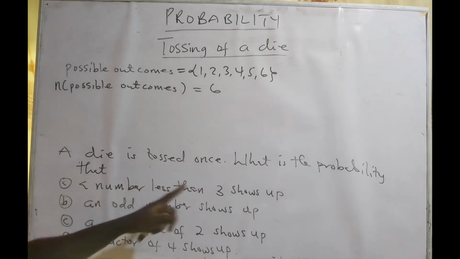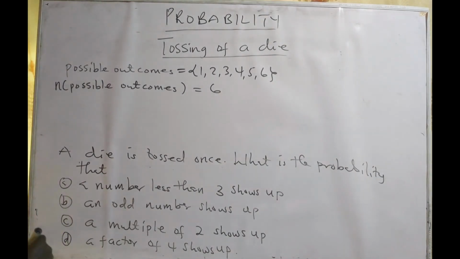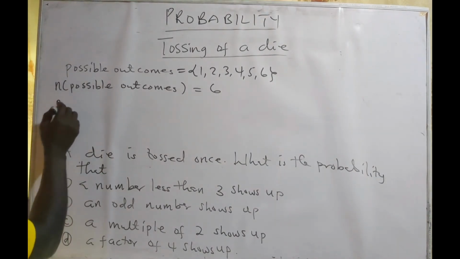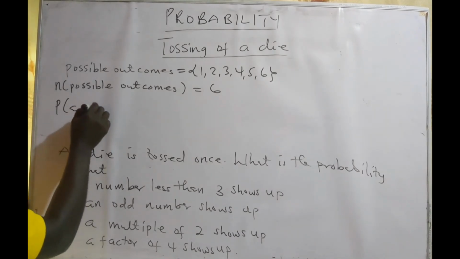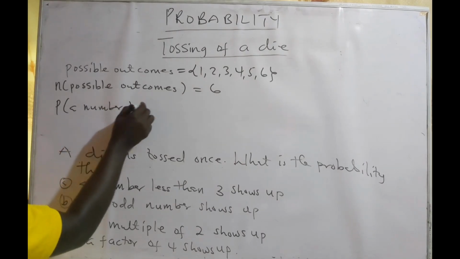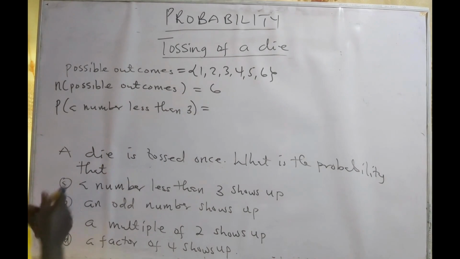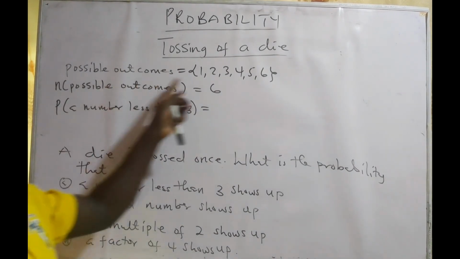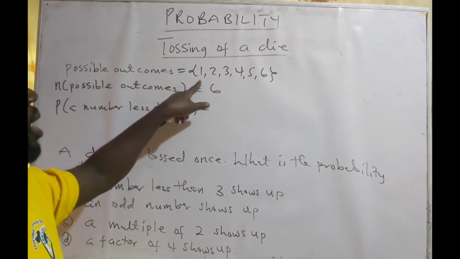What is the probability that a number less than 3 shows up? Probability of a number less than 3. You look at the possible outcomes. What numbers here are less than 3? We have 1, 2.